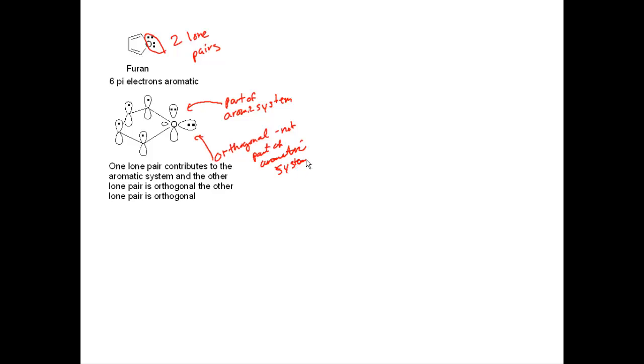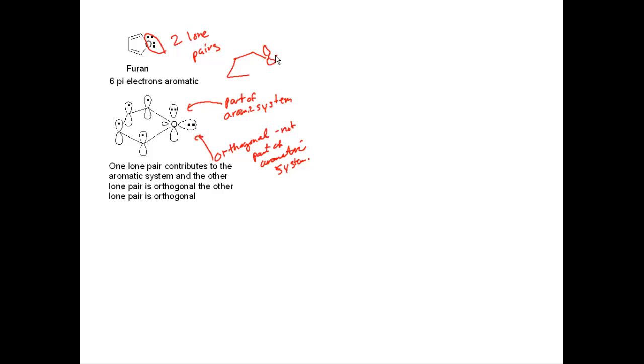Okay, so these lone pairs have different roles, and don't be confused when you're asked if something like this is aromatic. Just from common sense, it would be impossible for both of these lone pairs to contribute. Let's just look at how ridiculous a structure like that would be.